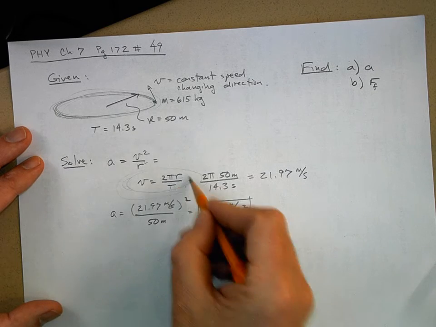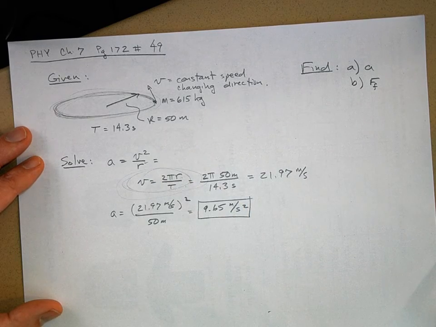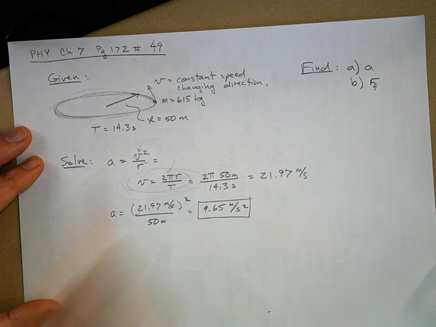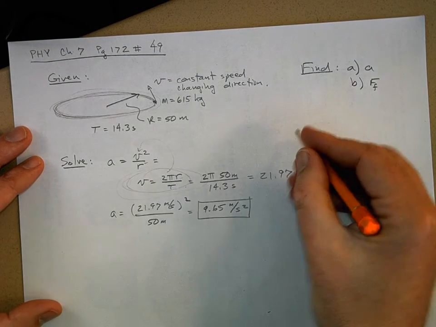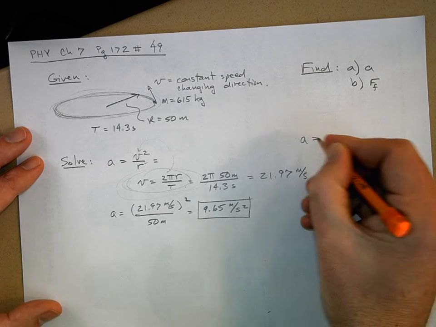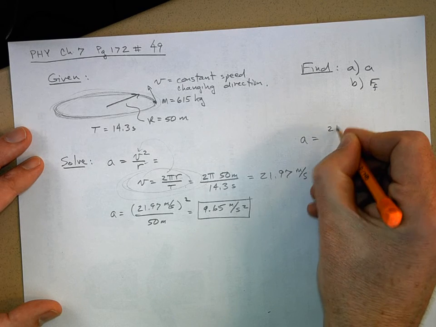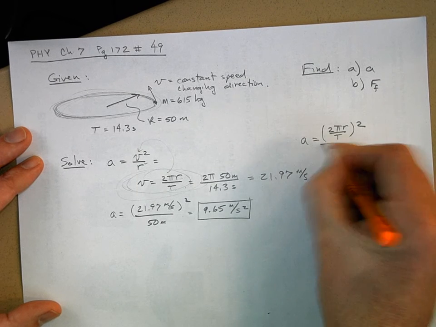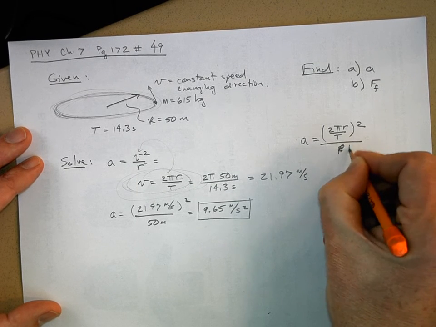We have this equation for circular motion, and what you can do is square this and plug it in here and derive another equation. So you can say a equals v squared, but that's 2 pi r over the period. Square that and divide that by, well, I'll just use little r.